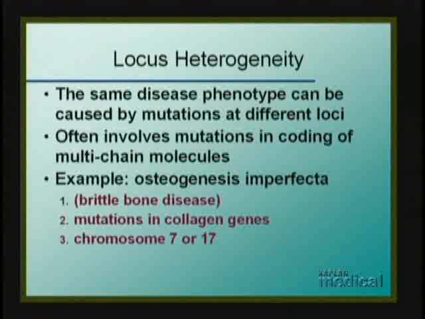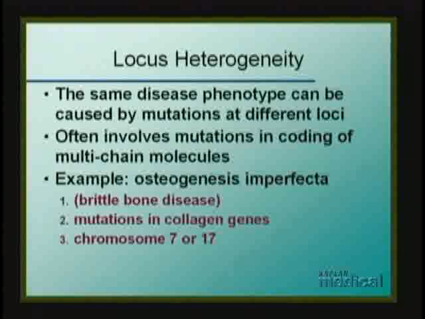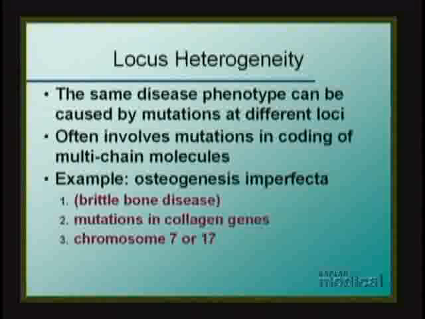Well, it turns out that this disease, osteogenesis imperfecta, brittle bone disease, is caused by mutations in collagen genes. But it turns out that some of these patients have the disease as a result of mutations in collagen genes found on chromosome number 7, whereas other patients with exactly the same symptoms have their disease as a result of mutations in collagen genes found on chromosome number 17.